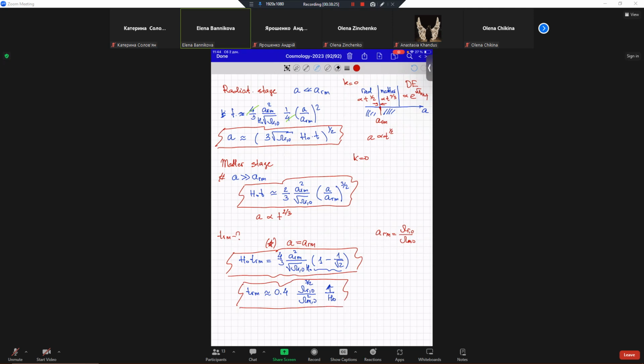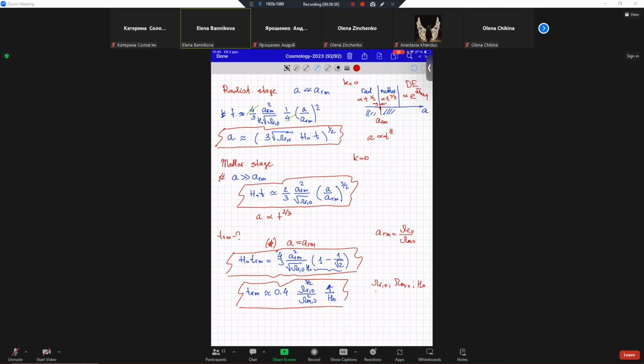And so you can see that to obtain the time of passing from the radiation stage to the matter stage, it's enough to know omega R0, omega M0, and H0. And this is also a miracle, because it's enough to know the parameters for the present time to find the time for the past.